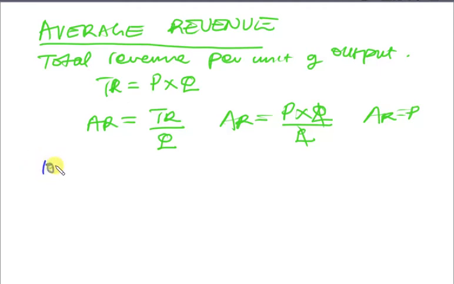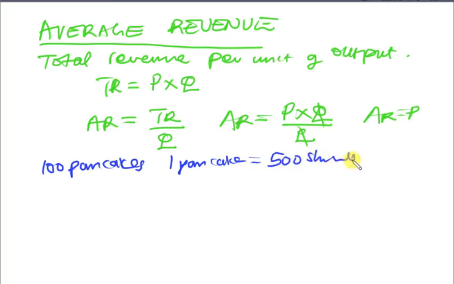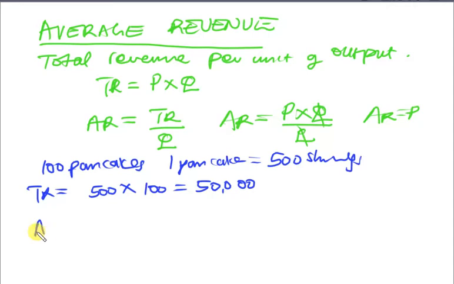So if you're selling 100 pancakes, and each one pancake is equal to 500 shillings. One pancake is 500 shillings. Of course, your total revenue would be 500 shillings times the 100 pancakes, which will be 50,000 shillings. But if you are calculating average revenue, that means you want to know the total revenue per unit of one pancake.